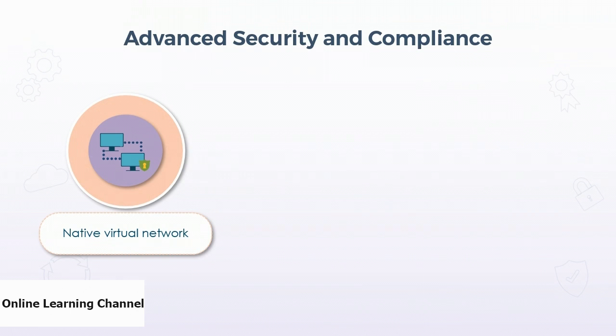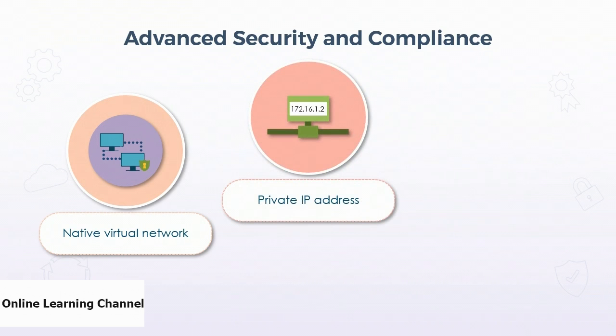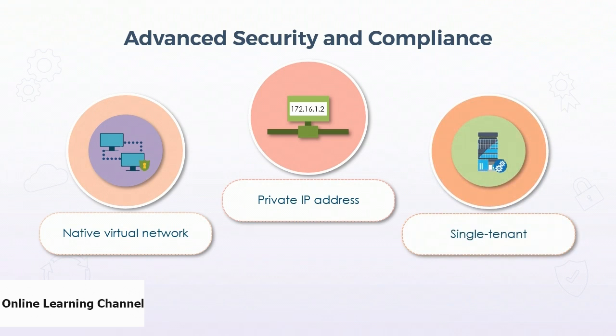There are also tools such as VPN Gateway that allow secure integration of the virtual network to an on-premises network. By default, the underlying SQL endpoint has a private IP address, so only private Azure networks or hybrid networks can access it. And the infrastructure is single tenant, which means it's dedicated to your tenant and is isolated and not accessible to other Azure tenants.